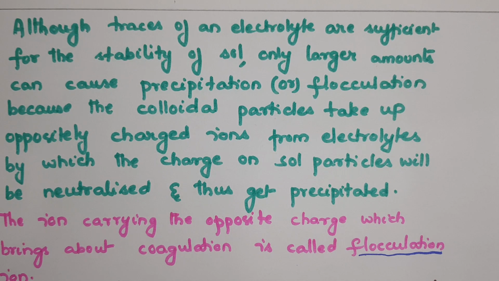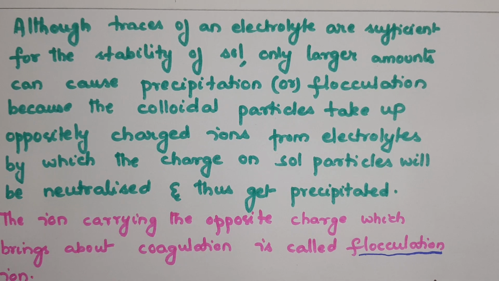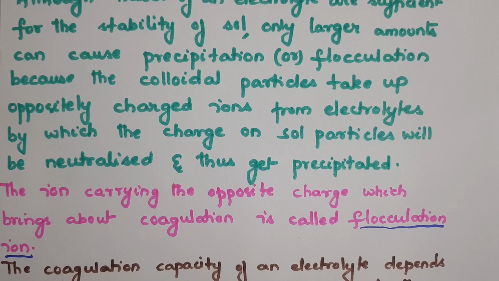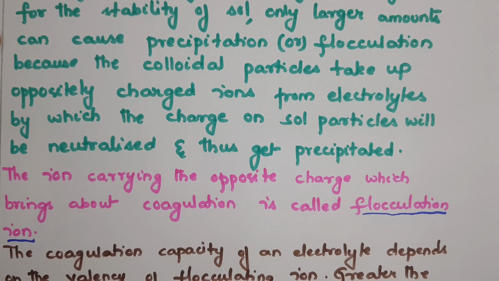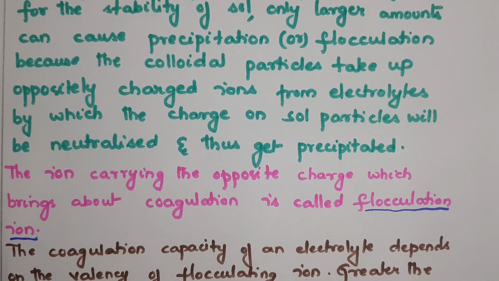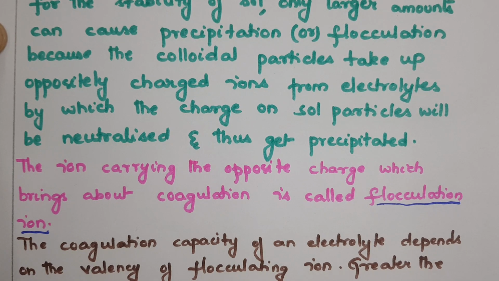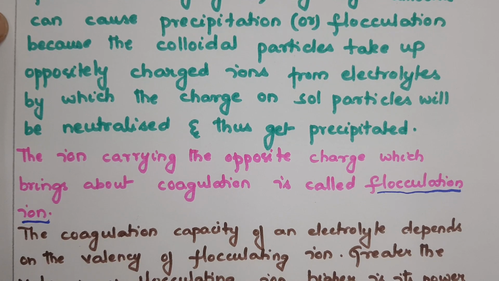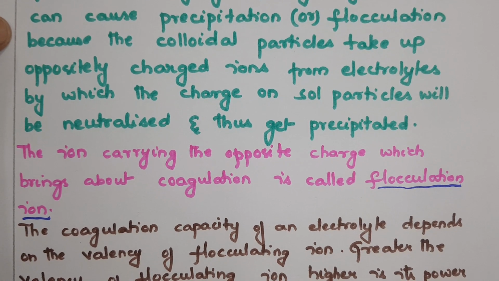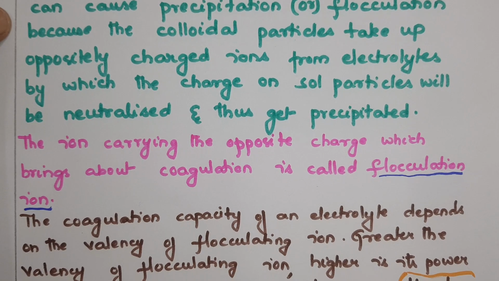Now, the ion which is carrying the opposite charge, which brings about coagulation or precipitation, is called the flocculating ion. The ion having opposite charge which brings about coagulation is called the flocculating ion. And the coagulation capacity of an electrolyte depends on a factor. What is that factor?